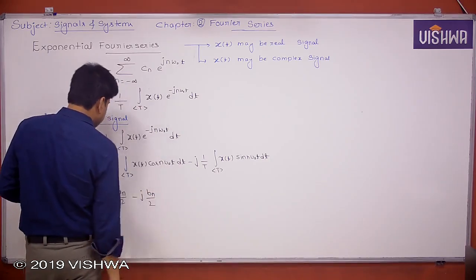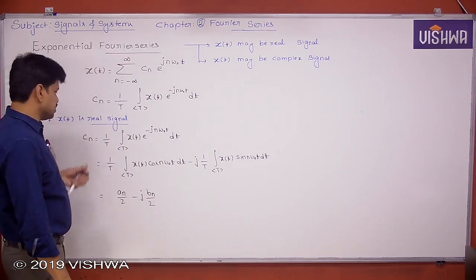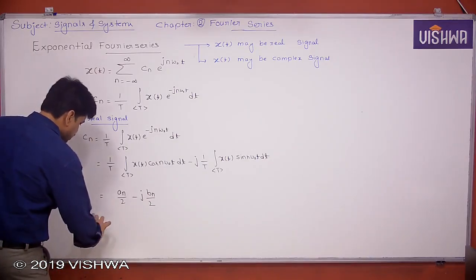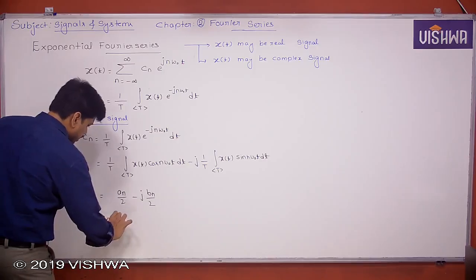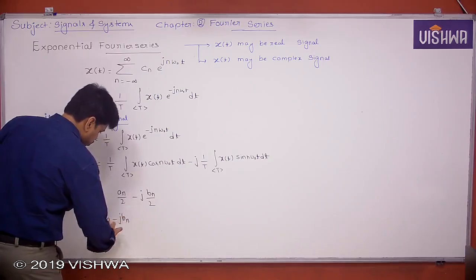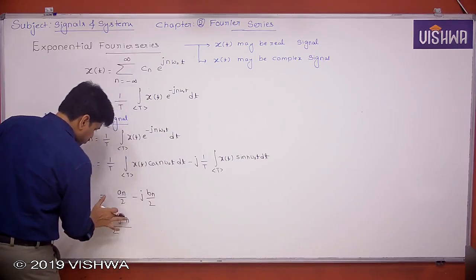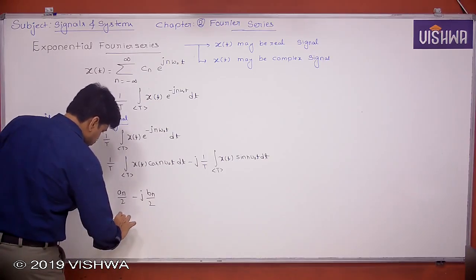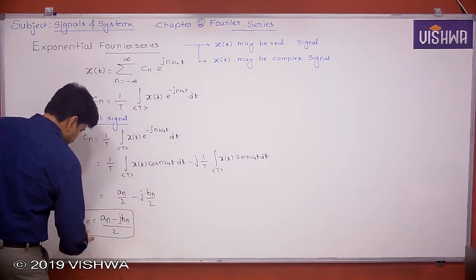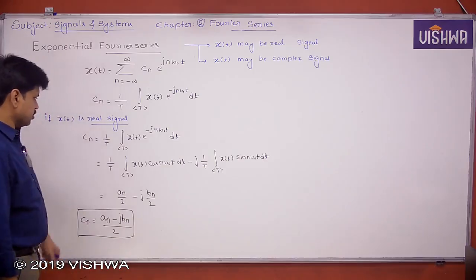So this is the relation between a n, b n and Cn. In simple terms we can write Cn is equal to (a n minus j b n) by 2. This is the relation you have to remember.